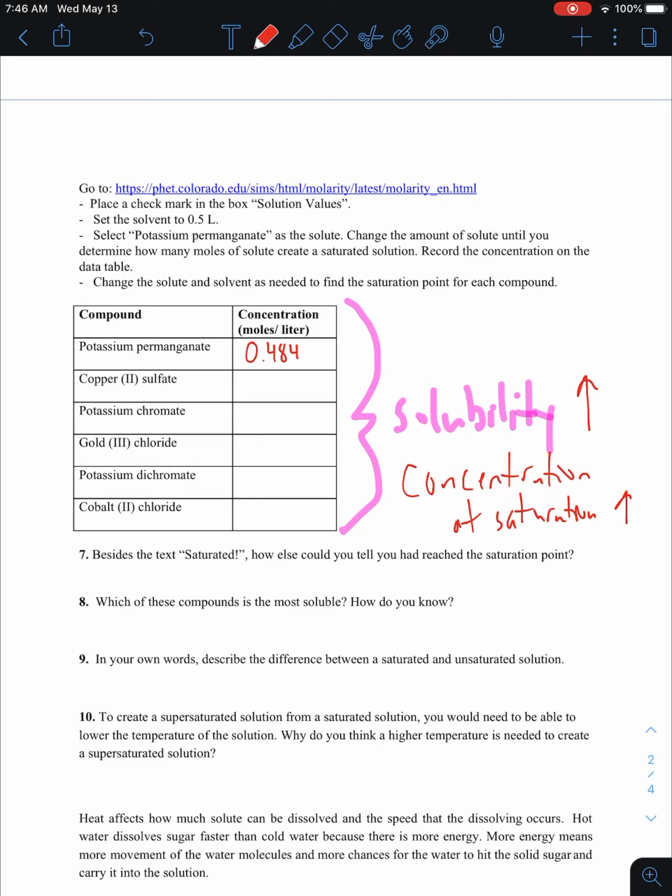imagine we're going to dissolve two different substances. One of them is table salt, and the other is chalk, like chalk on a whiteboard. It's called calcium carbonate. Well, we already know our solubility rules, and one of the rules is that carbonates like calcium carbonate are insoluble. If we were to add both of them to, let's say, a liter of water, we would notice that more of the salt would dissolve than the chalk would.